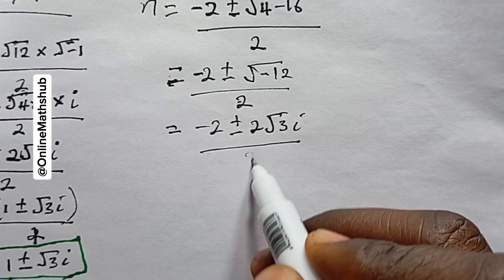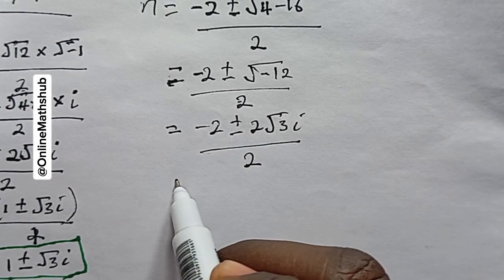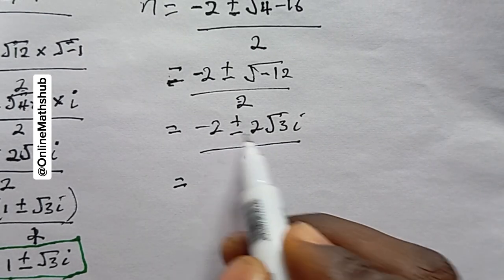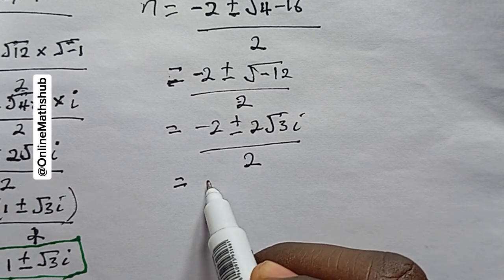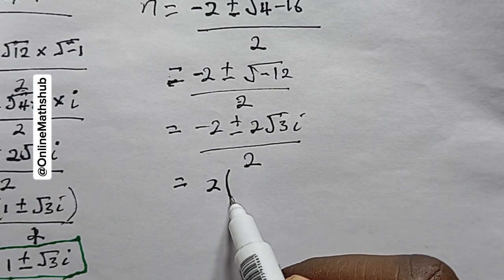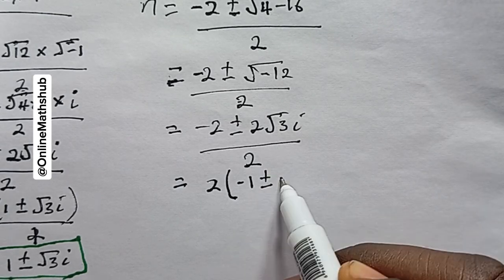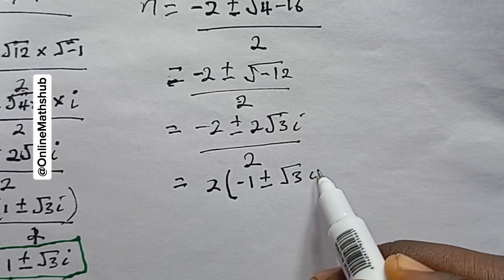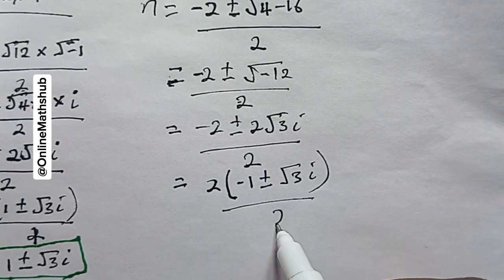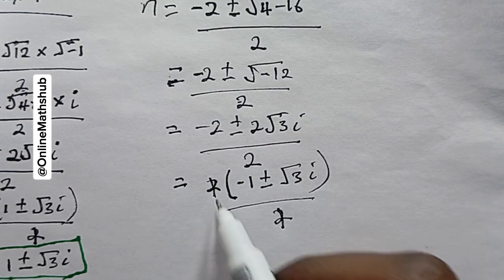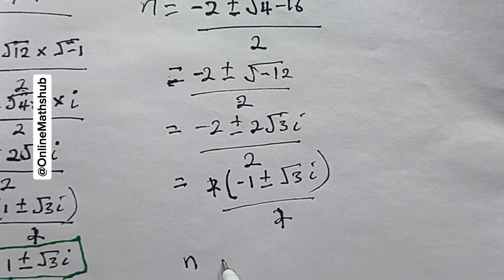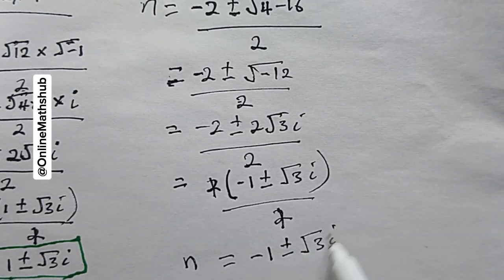So this will be divided by 2, and from here you can see that we've got a common term, so we can factor out 2, and when we do that we have minus 1 plus or minus root 3i, all divided by 2, so that these 2 cancel, and n becomes minus 1 plus or minus root 3i.